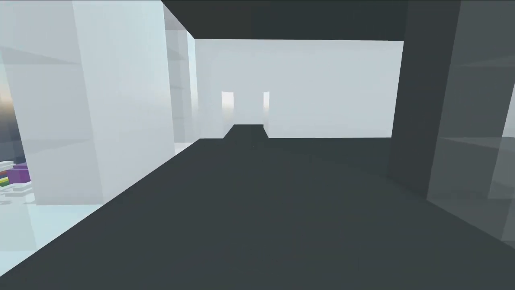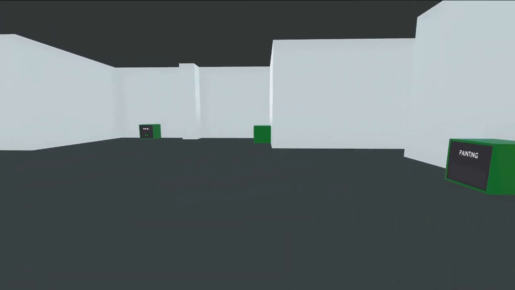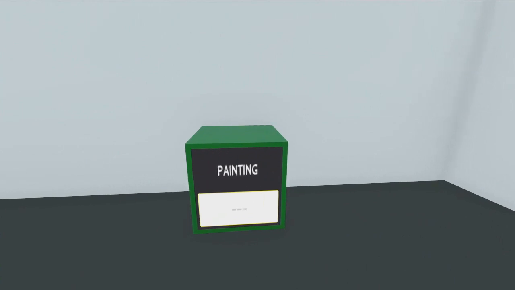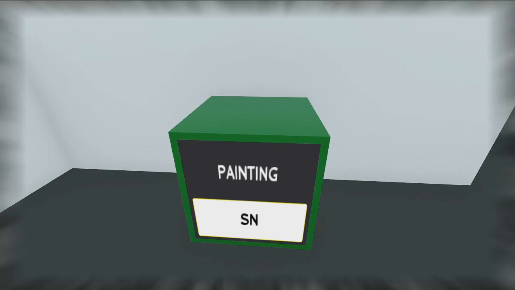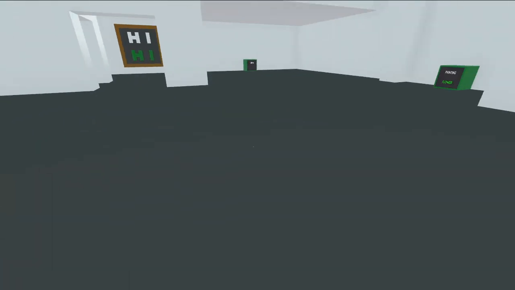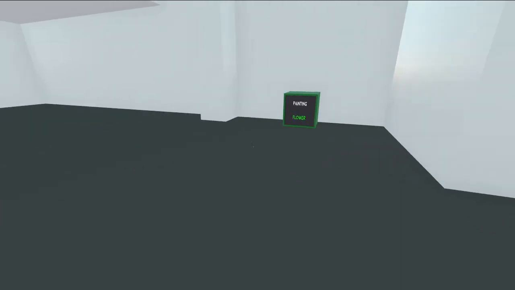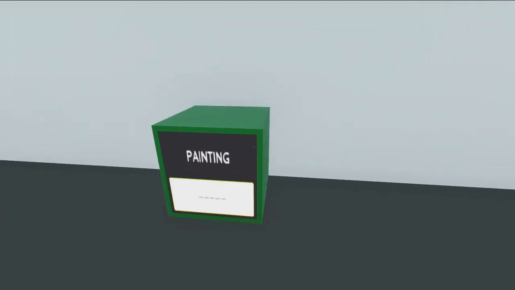No, this is the basement. So that just got opened. This is... Oh, it's right here. It was right across from it. Okay. So this is an eye. This is a snowman that we've never witnessed before. And this is a snake.